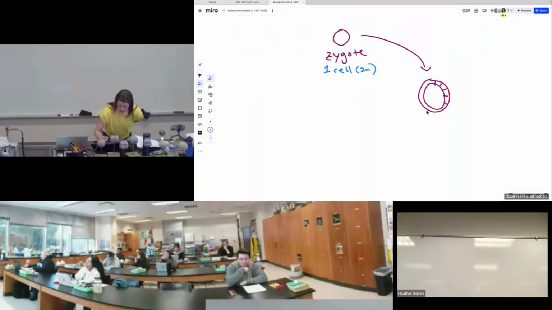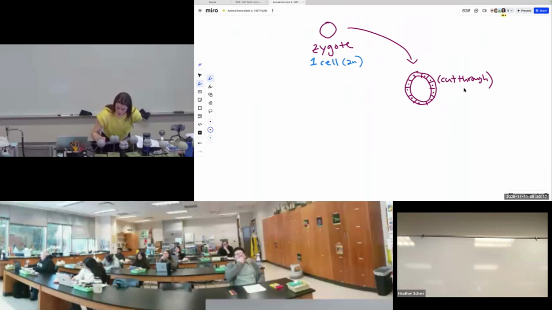Each of those lines is a cell. So I'm going to put a dot in there for the nuclei, so you can hopefully tell that this is a cut through or a section through the middle. If you were actually to look at it whole, it would be like a sphere.